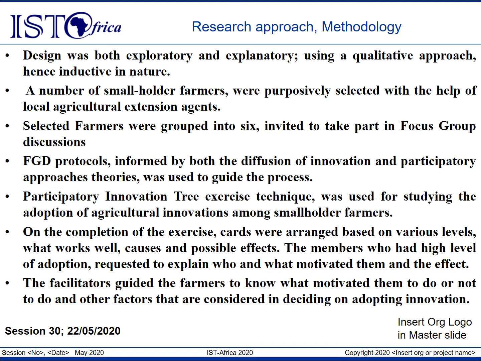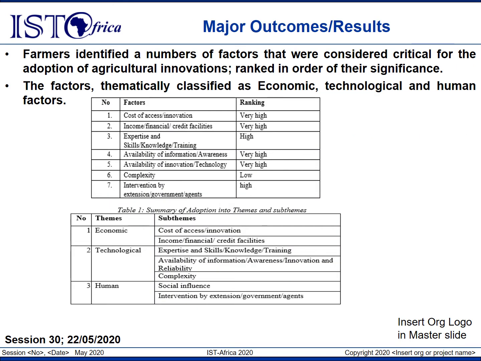The members who had high level of adoption were requested to explain who and what motivated them and the effect. The facilitators then guided the farmers to know what motivated them to do or not to do, and other factors that are considered in deciding on adopting, major outcomes or results.